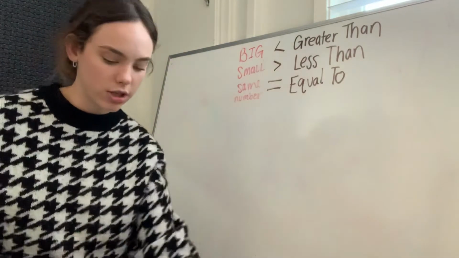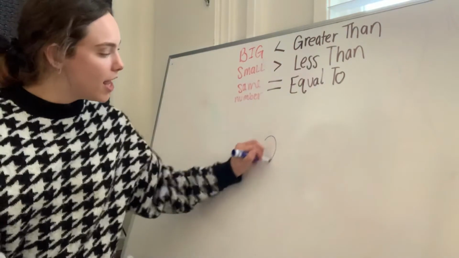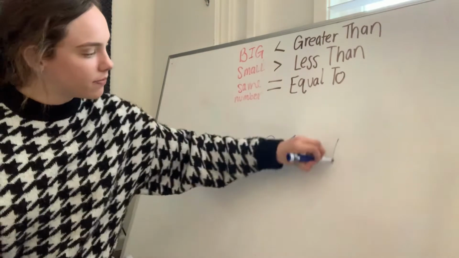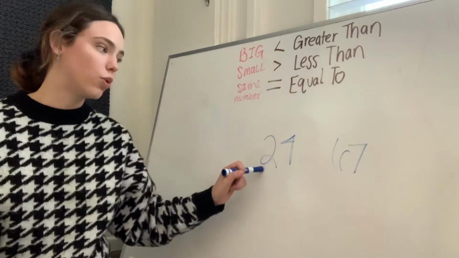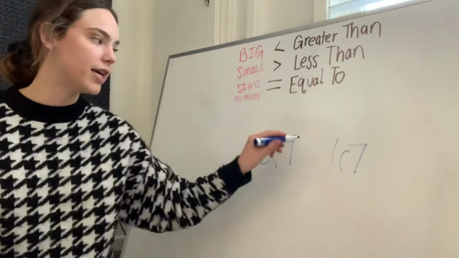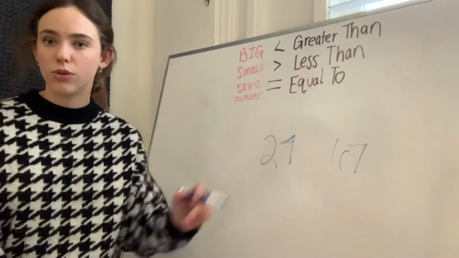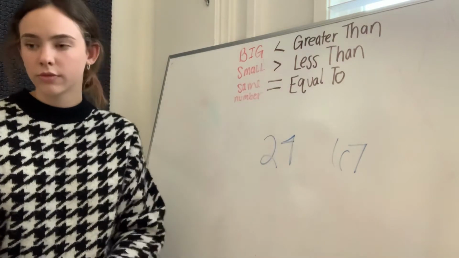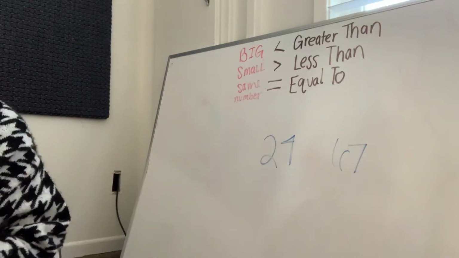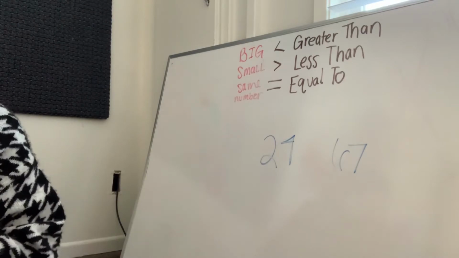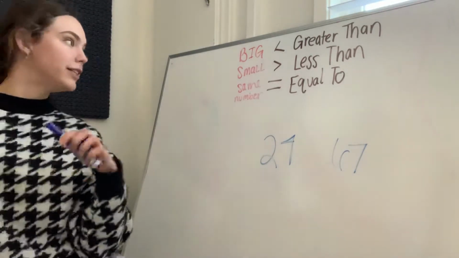The next one we're going to do is 24 and 67. Go ahead on your whiteboards, write 24 and 67, and then write in what symbol goes in between those two numbers. Let me walk around to make sure you got it. Okay, great job.